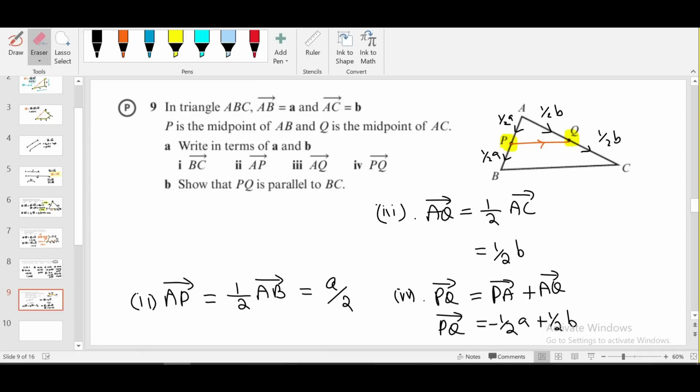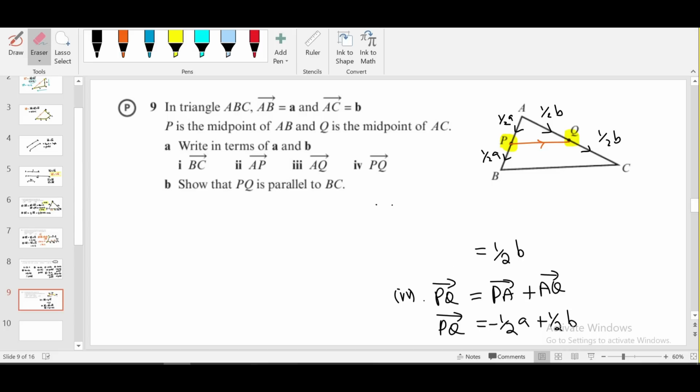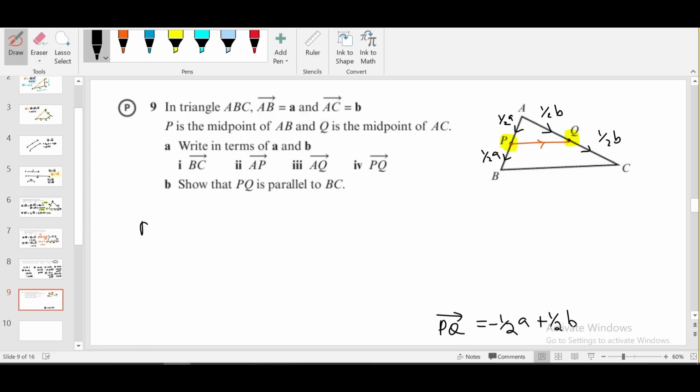Okay. Now part B says show that PQ is parallel to BC. We have the PQ vector here, right? Minus half a plus half b. Let's find the BC vector from the diagram. We can write it as BA plus AC, right? We know BA is negative a, AC is b. Do you understand this? Yeah.